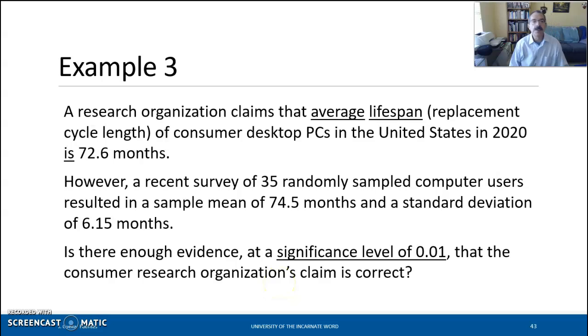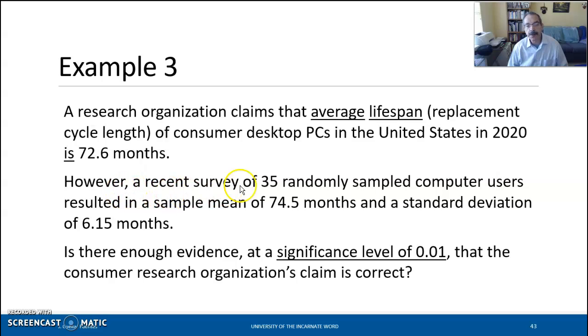In this case, a research organization claims that the average lifespan or the replacement cycle time of consumer desktop PCs in the United States in 2020 is 72.6 months.